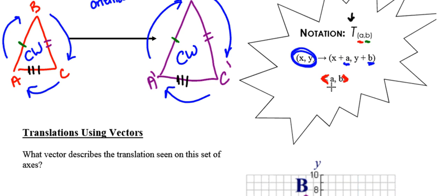And then the first number in the parentheses, of course, refers to how much change there's going to be in the x, or the horizontal distance. And the second number in the parentheses tells us how much change there will be in the y, or the vertical distance. It's important to note that all three of those mean exactly the same thing.